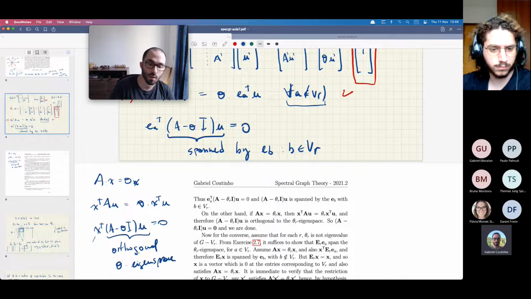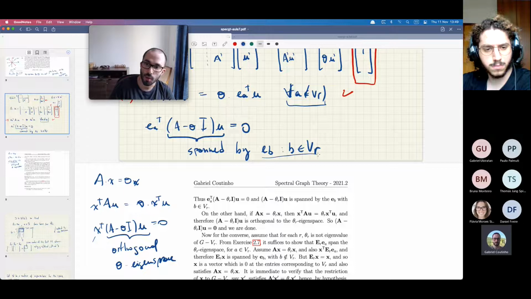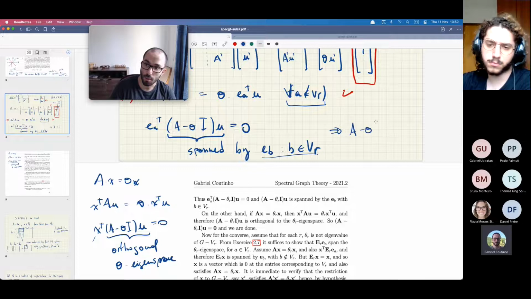So this vector is at the same time orthogonal to the theta eigenspace and is spanned by these guys. Therefore, by the lemma, this vector must be the 0 vector. The conclusion is that A minus theta I times U is 0. So A times U is theta times U.